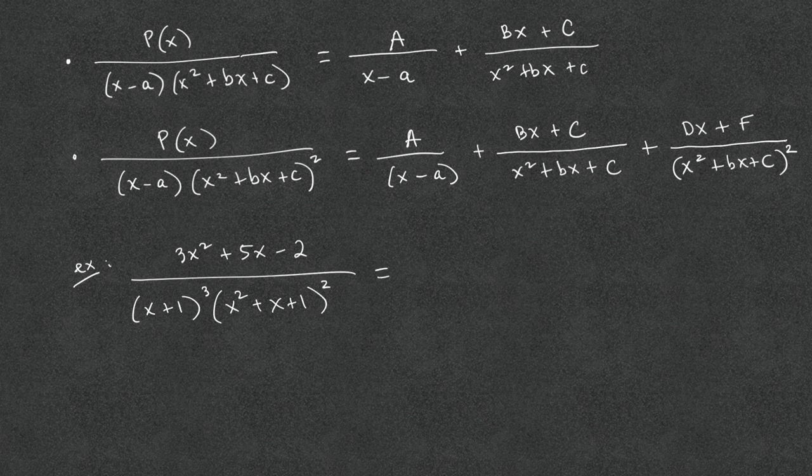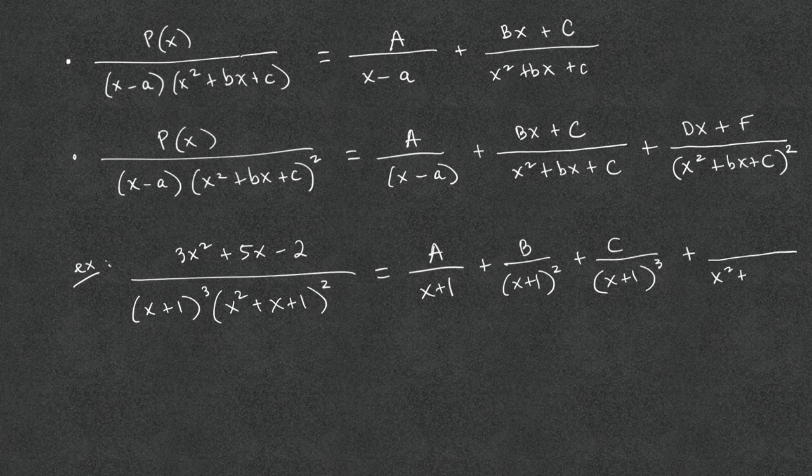Thus, this is being decomposed as a over x plus 1 plus b over x plus 1, increase the exponent by 1, plus c over x plus 1 cubed, 3 terms for x plus 1.